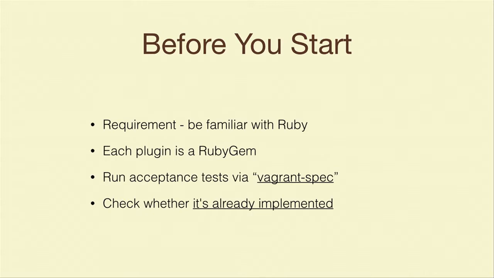Before you start creating your custom provider, of course, I'd like to mention some pretty obvious things. You know that Vagrant is written in Ruby, so of course you should be familiar with Ruby. I think basic knowledge will be absolutely enough because you should just know how to work with tools like Gem, Bundler, and Rake, and that's all.